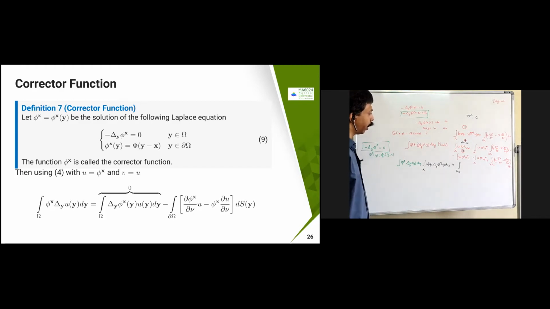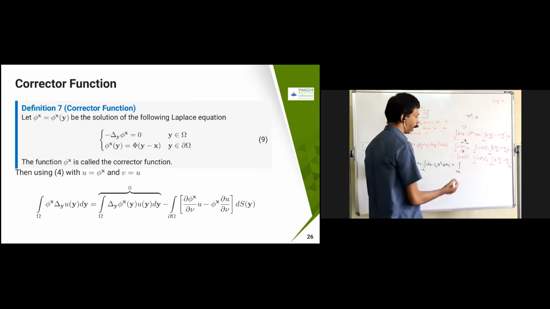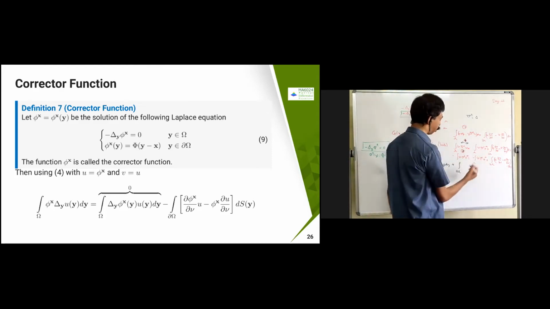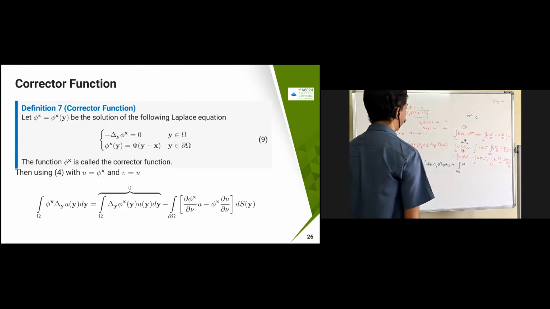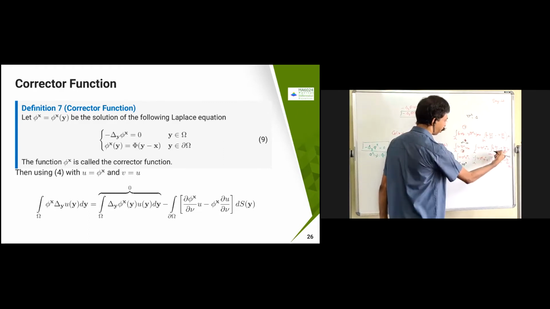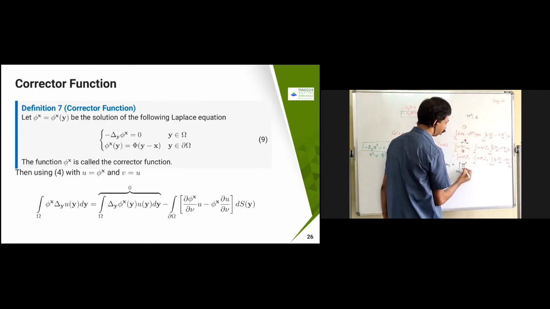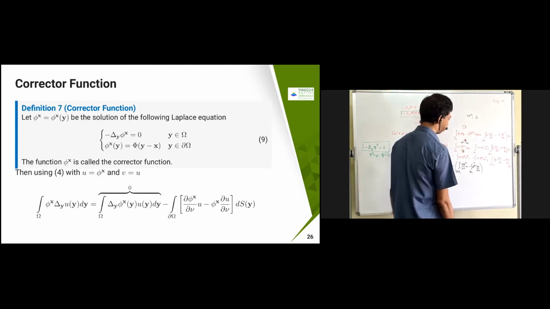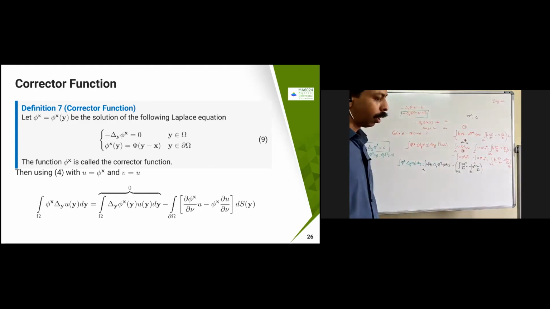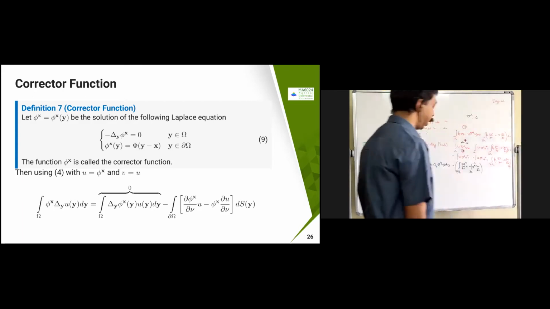What you are going to get is u into, by 2 pi x, since u is nothing but pi x, so we get 2 pi x by 2 u into v, where v is nothing but u, minus integral over the boundary of omega, u is nothing but pi x and v is nothing but u, so dou u by dou nu, ds.